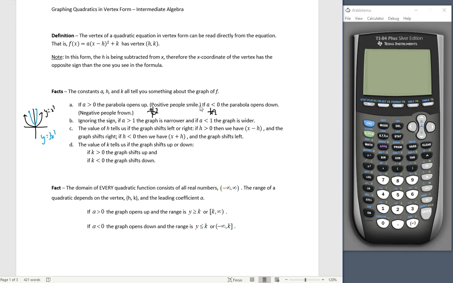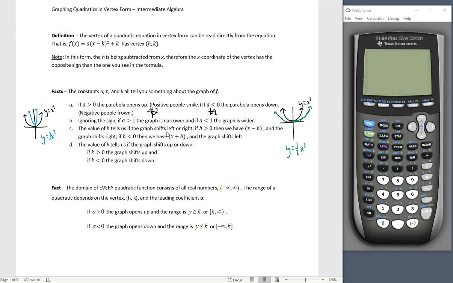So it's narrower. Whereas if I have a graph of y equals x squared and I make an a value less than 1, maybe 1/2 x squared, well, now this graph is going to be wider. It's like you're pushing down on the ends, making it wider.